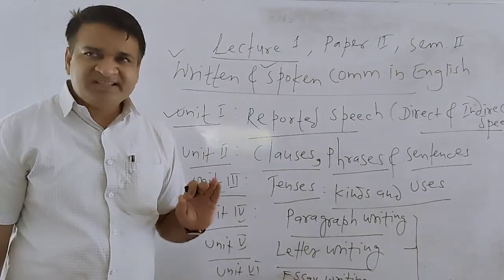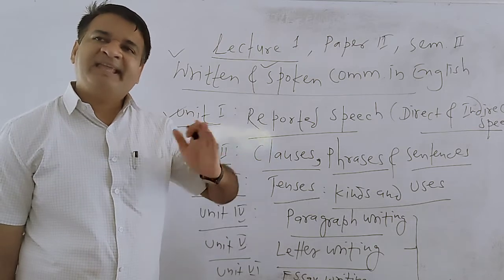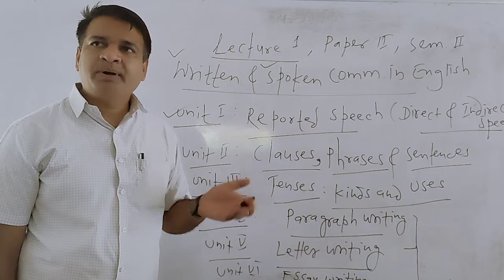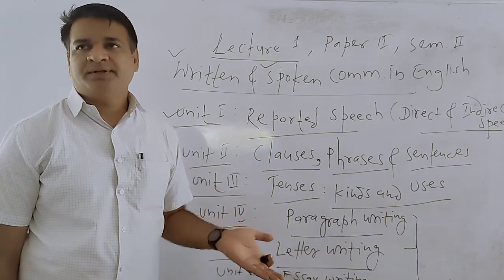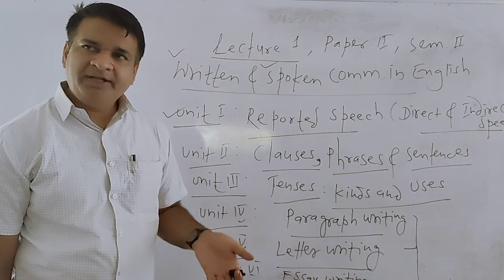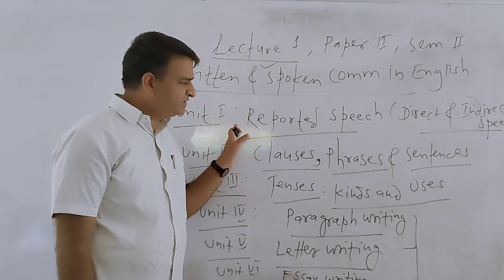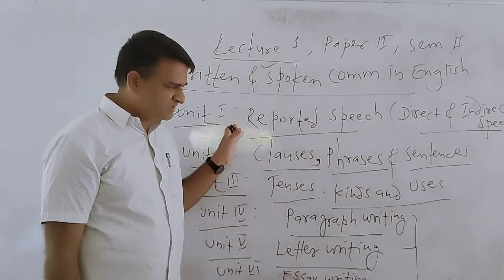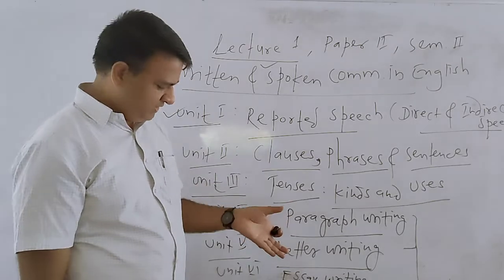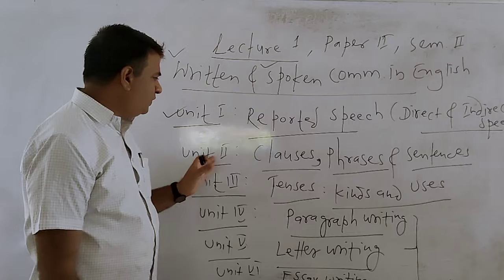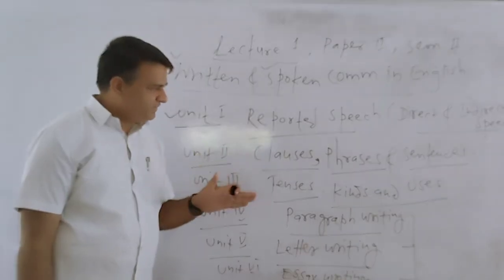We will discuss it by taking various examples of present, past, future, then interrogative and imperative sentences. Very many types of examples are asked in this section, so the reported speech section is very important. Then we have clauses, phrases, sentences.